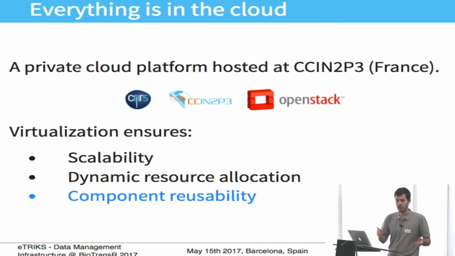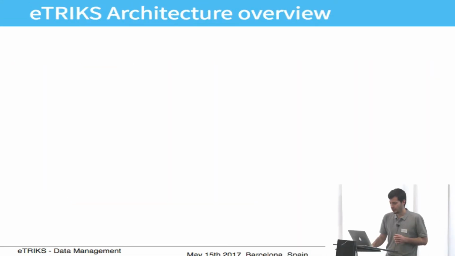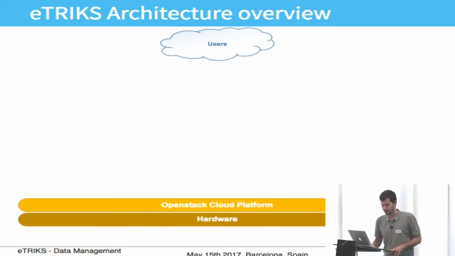And of course, cloud technology provides duplication, cloning, and those kinds of techniques to build various architectures from basic components. So now I'm going to give you an architecture overview of the Atrix platform as it is today. You start by piling up hardware.